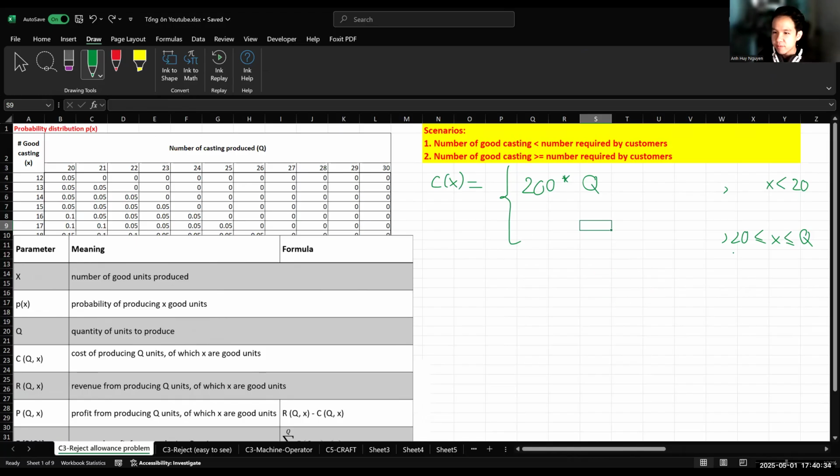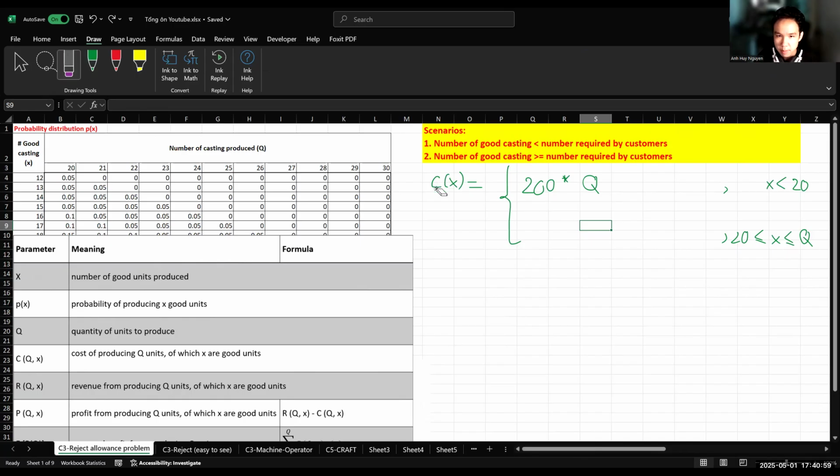But what if you somehow manage to produce 20 or more good castings? They will buy 20, sorry.